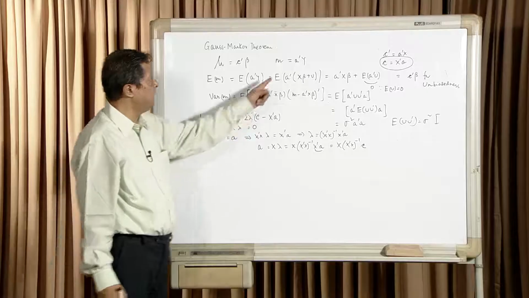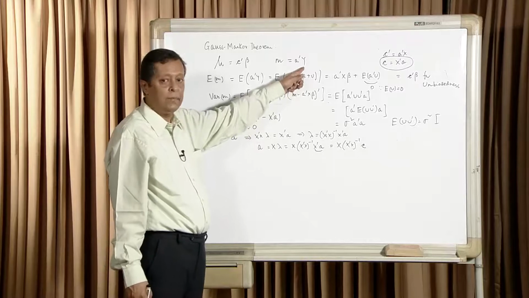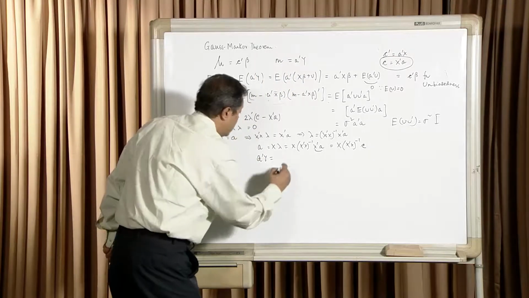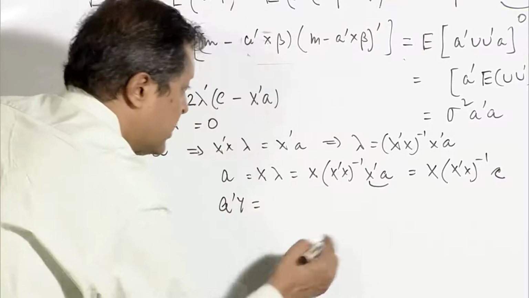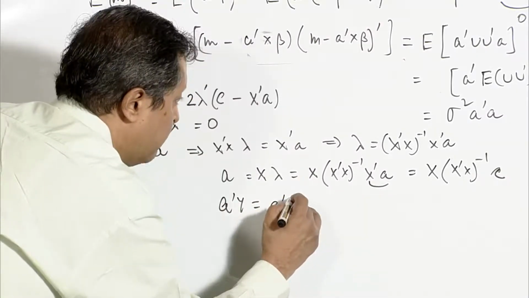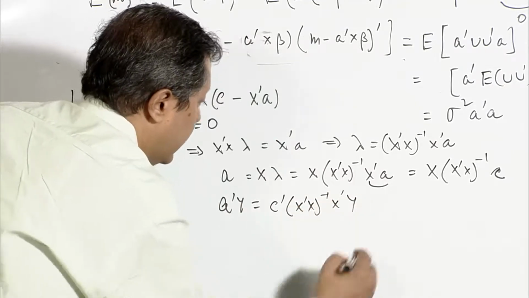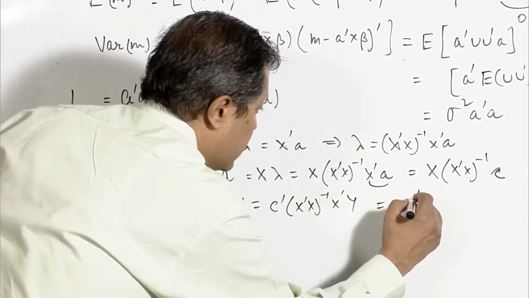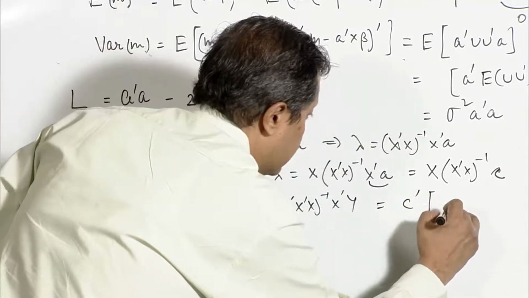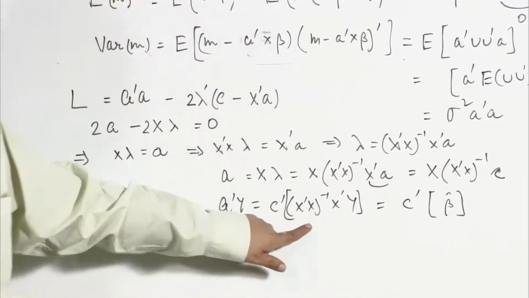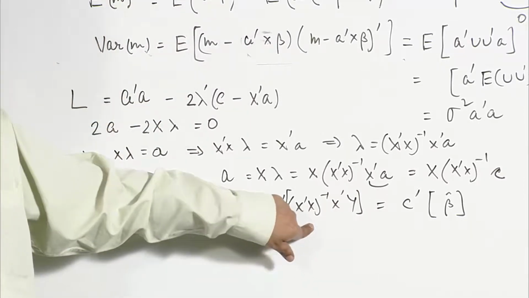Finally, what was our target? Our target was to arrive at a prime y. So, a prime y is therefore equal to the transpose of this times y, which is c prime x prime x inverse x prime y, and that gives us c prime times beta hat, because this term is nothing but our familiar ordinary least squares estimate.